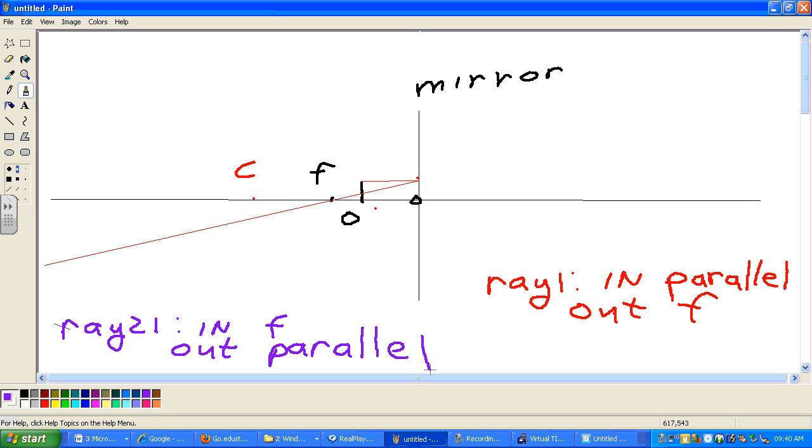Here's my image. So there is the ray coming from the focal point, going through the top of the image. That's the incoming ray.